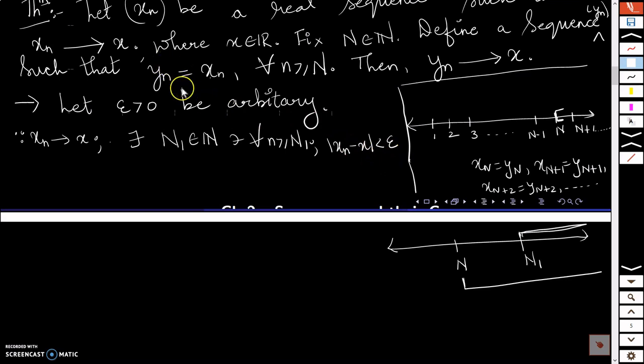So if I want both the conditions to hold simultaneously, which natural number out of these two will I pick up? This idea has already been explained in the previous result.